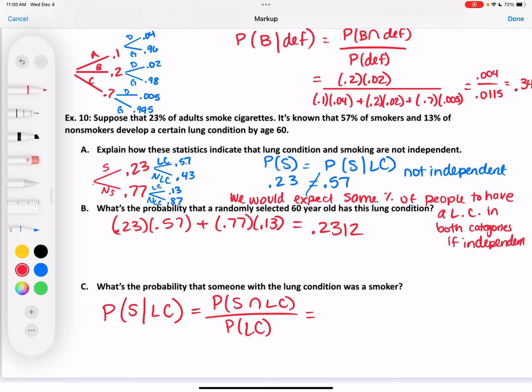So smoker and lung condition is 0.23 times 0.57, over the probability of lung condition we just found in the previous problem, 0.2312. So more or less those things cancel each other. We technically get 0.567, which rounds to 0.57, which is that number that we had up there already.